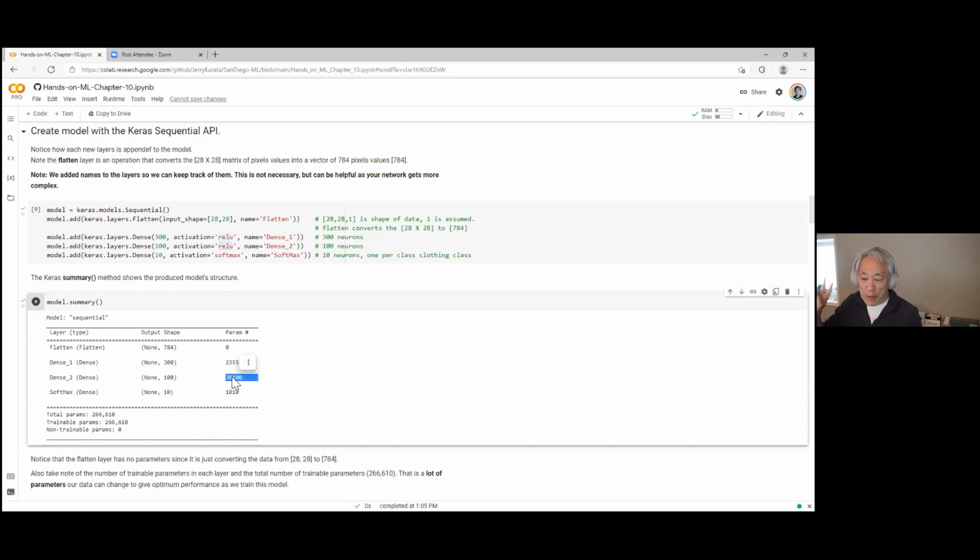Two layers. It's barely deep. The second layer, the dense layer, has another 30,100. And then that softmax at the end that gives us our 10 probabilities for our 10 classes has 1,010. The grand total is 266,610 settings we can adjust by training.